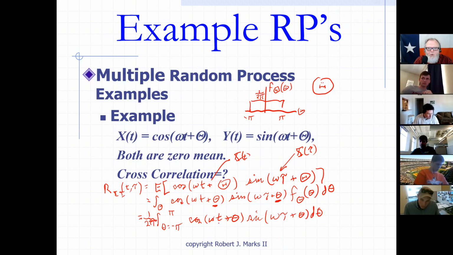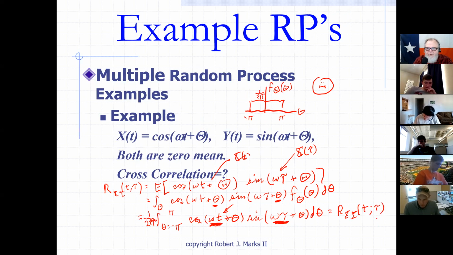And this is something you can work out, but you'll notice that there are some parameters here which don't change. Omega t and omega tau are considered constants when you're doing the integration. So the result that you're going to get out is going to be a function of t, and it's going to be a function of tau.